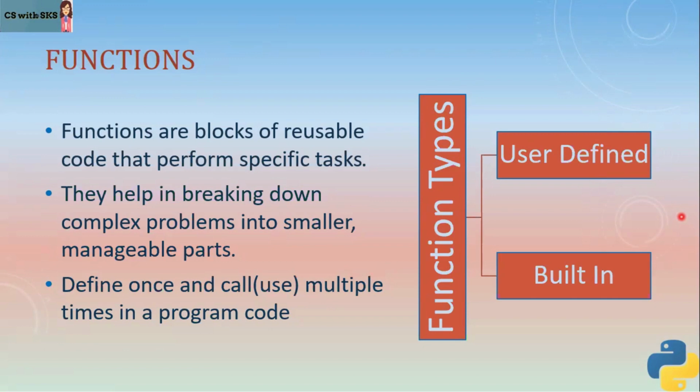For example, if you talk about Python, there are some functions which are already there for your use. As and when you want to use, you just use that function name, call it in your program. For example, very frequently you use input function, you use print function. These are inbuilt functions only, right? You can use them as and when you want, as many times you want to use them, right? So functions basically are blocks of reusable code that perform specific tasks, right?